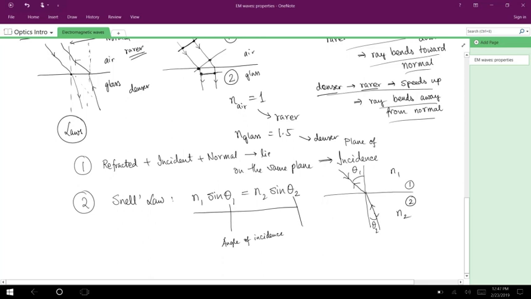And the other one, theta 2 in this particular situation, is the angle of refraction. Okay, but rays of light are perfectly reversible. So these are interchangeable. So I can change theta 1 to theta 2 and theta 2 to theta 1. Or if a ray of light is incident at an angle theta 2, so if the angle of incidence is theta 2, then the angle of refraction for the same set of media n1 and n2 would again be theta 1, right? So that's sort of the idea.